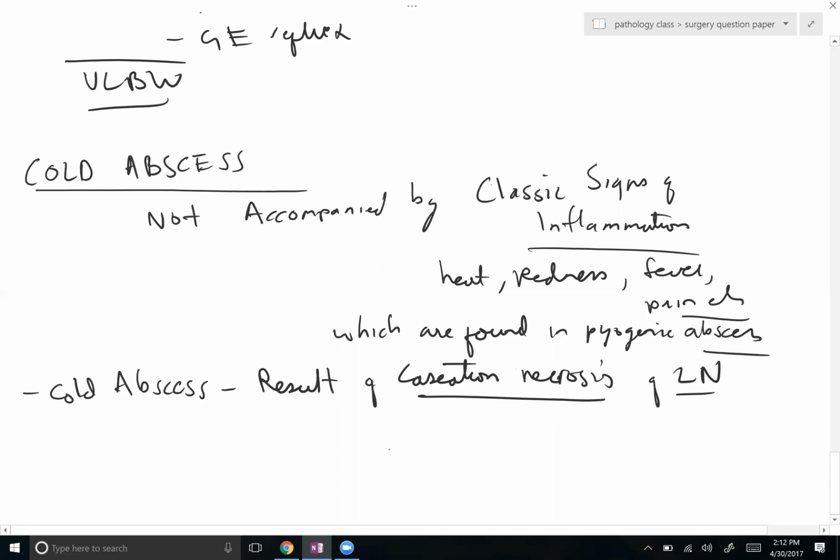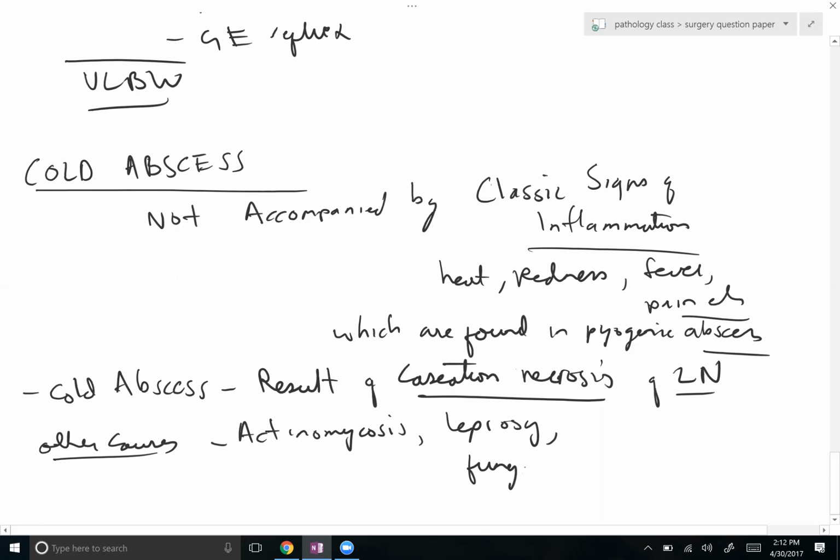So it can be a sequel of TB, it can develop due to TB infection. Okay, the other causes can be actinomycosis, leprosy. Next, it can also be due to fungal infections.